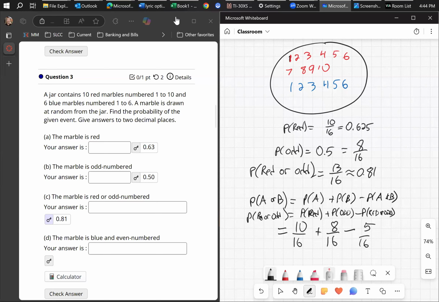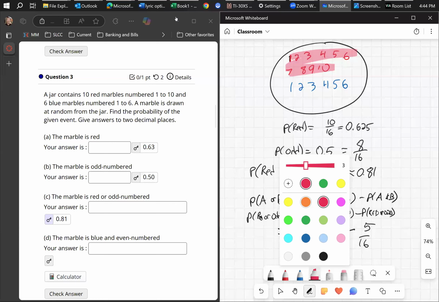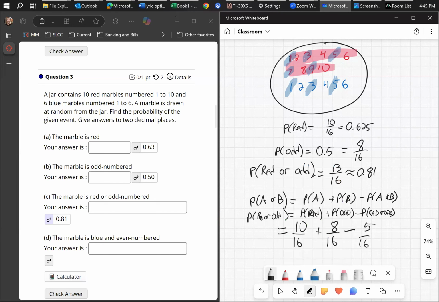What's really going on is we've counted up these 10. Then we've counted up all of the odd ones. There's the 10. And blue, there's the odds. And you can see that by counting up all the reds, 10 of them, and all the odds, 8 of them, we've double counted the 1, 3, 5, 7, and 9 that are red and odd.